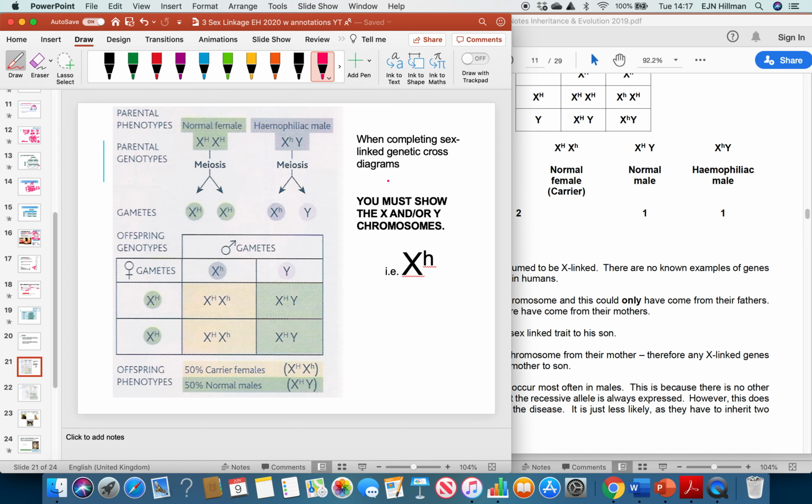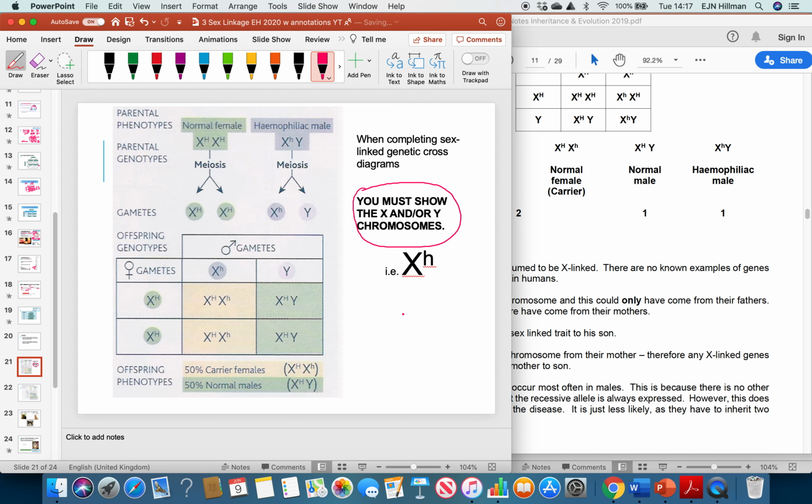Okay. Really important, another tip that's not mentioned here but is vital for the examiners, is you must show the X and or Y chromosome with the allele in superscript.